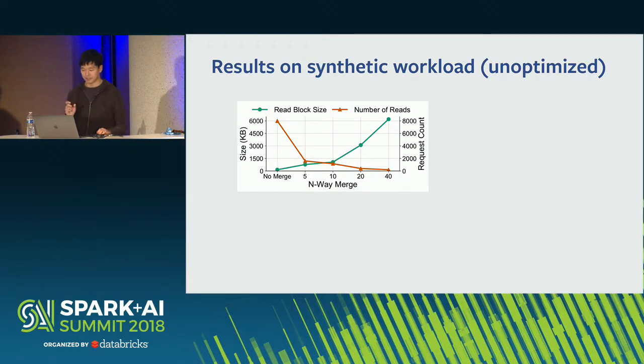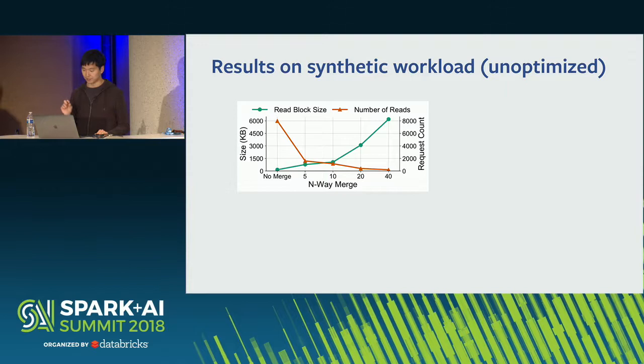Given this design, these are results on a synthetic workload. I say they're unoptimized, and I'll come back to why later. The way to look at this is the data points on the far left are what Spark does without SOS, so they're labeled no merge. You can see that there's a large number of reads, and that each read block size is pretty small.